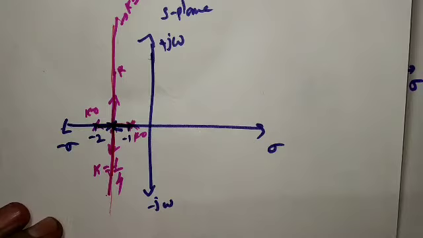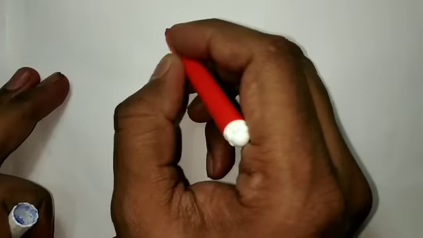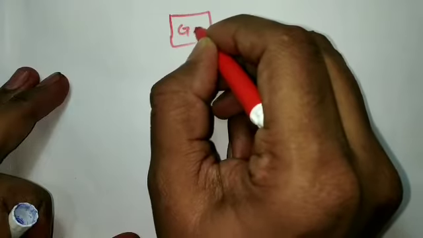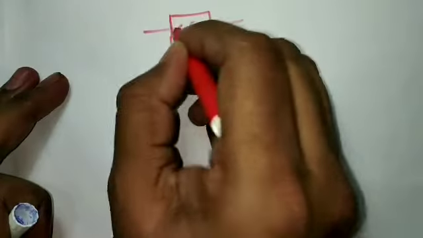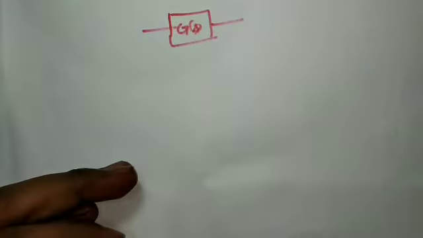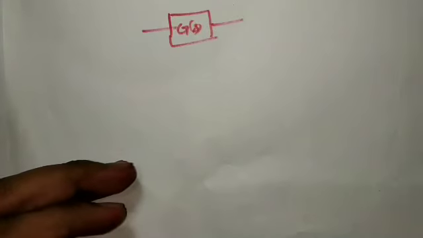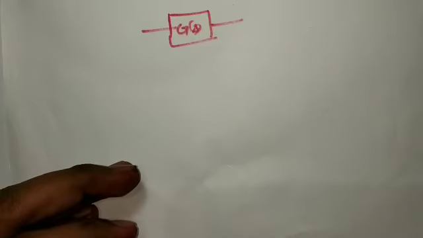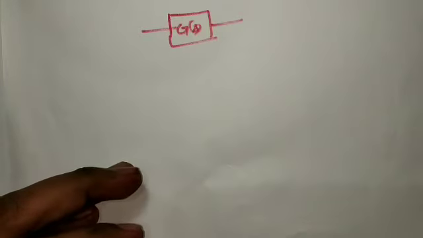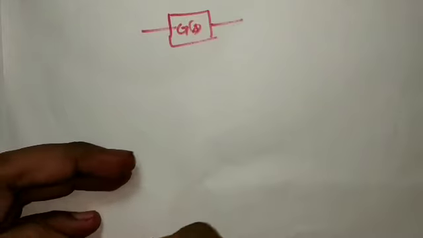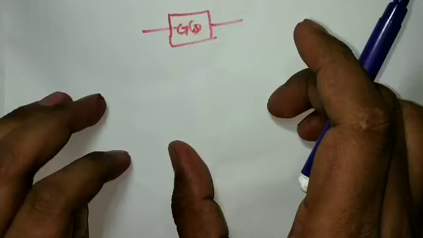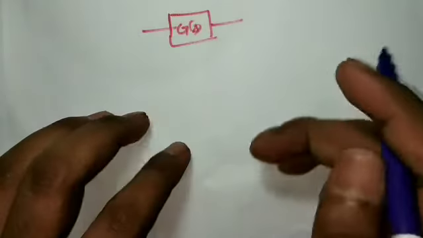Now we take an open loop transfer function, that is g of s. But this is an open loop transfer function, so now I'm going to make it a closed loop transfer function. I'm going to take a unity feedback control system.